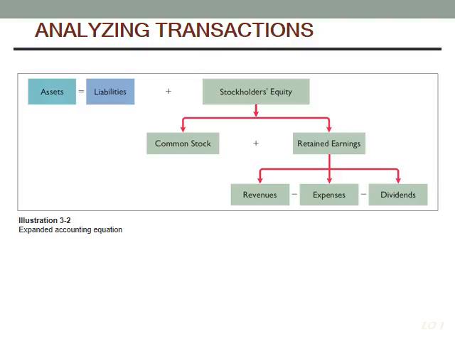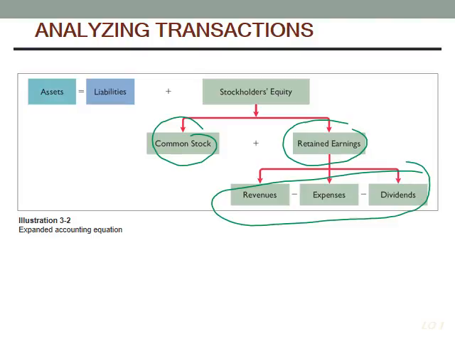Remember, stockholders' equity can be separated into common stock and retained earnings. But retained earnings actually consists of revenues minus expenses minus dividends. Remember that revenues less expenses is your net income, and if we put together a retained earnings statement, net income less dividends. Okay.